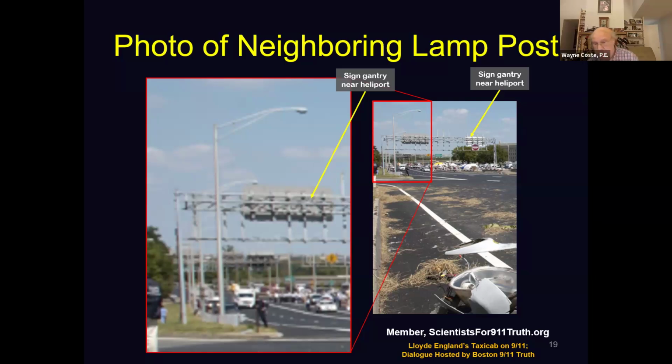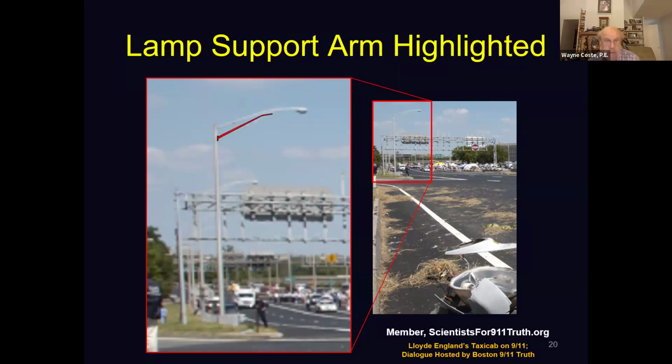The rest of the picture would show some of the other parts, the upper lamp support arm, but there's no lower lamp support arm visible in the pictures from this area. This is what a lamp support arm would look like highlighted, and the right-hand side shows where that picture was taken from.